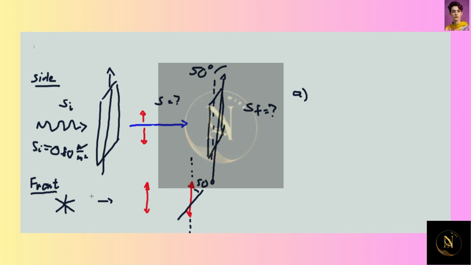And so when you pass this through a polarizer, it's only the vibrations along the axis of polarization of the polarizer that make it through. And so this essentially reduces your intensity by half.